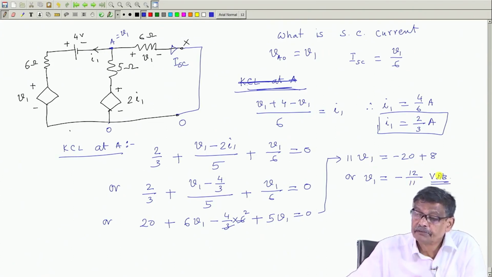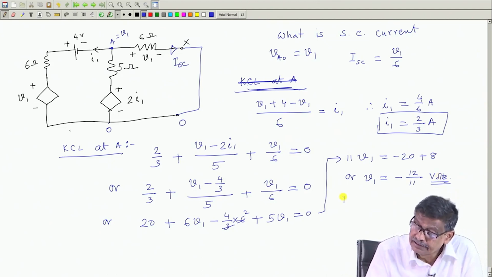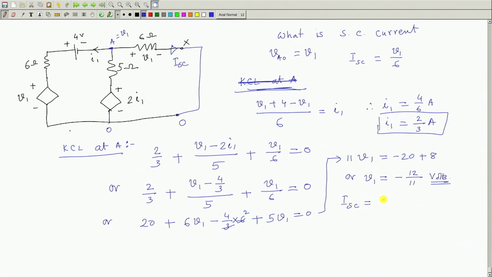This will be V1. Is it correct? Then ISC, short circuit current, is V1 by 6. So, minus 12 by 11 divided by 6 is equal to minus 2 by 11 ampere. ISC is this much.